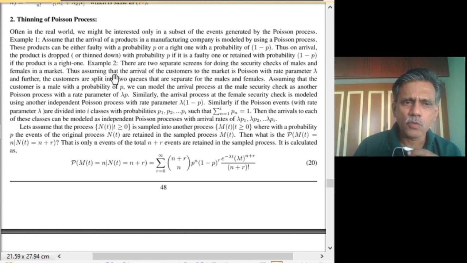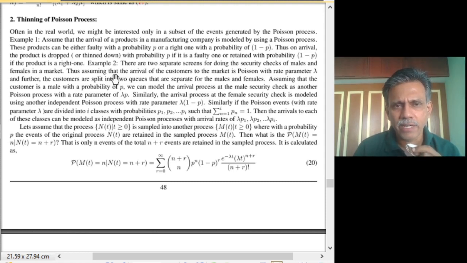There can be other examples. You may have customers at a bank, and based on their requirements, some would have come for withdrawal, some for depositing money, and we know the probability with which a typical customer will withdraw or deposit. We segregate them into two queues and send them to two tellers. That is one case.